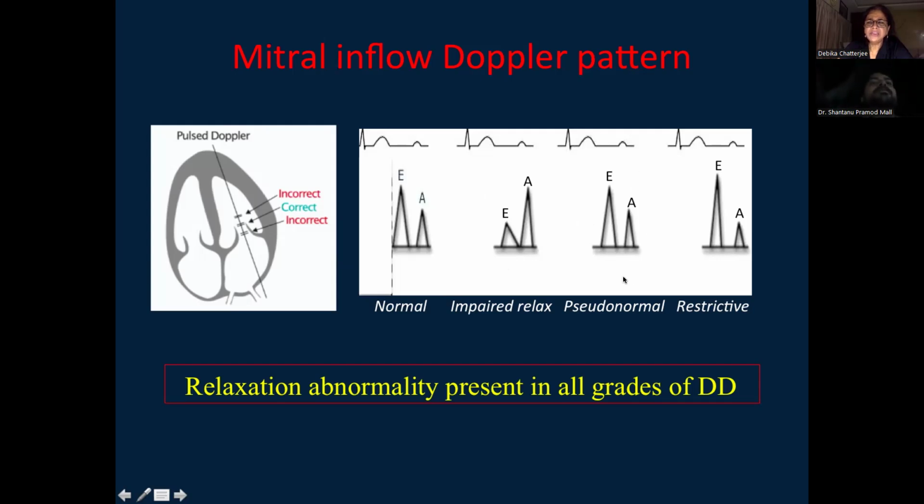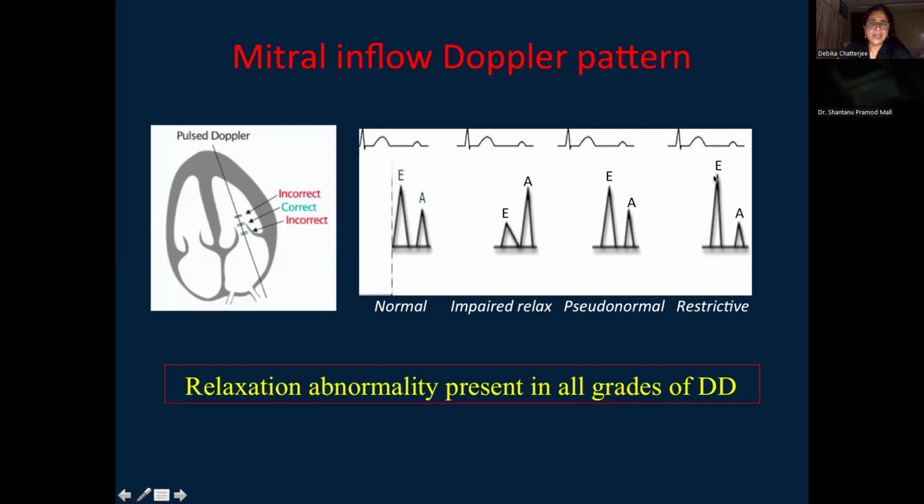Now, as the disease advances further, the LA pressure rises much more than that, becomes very high, and also LV becomes non-compliant. So what will happen? The LA pressure is very high, so as soon as the mitral valve opens, the blood flows with a high velocity.